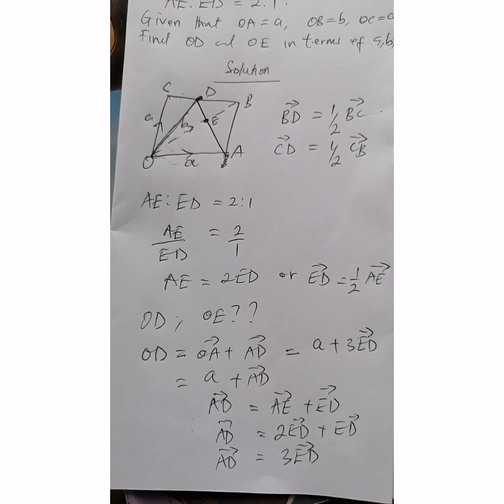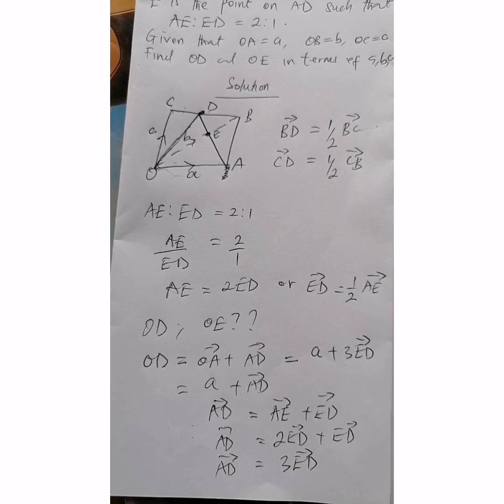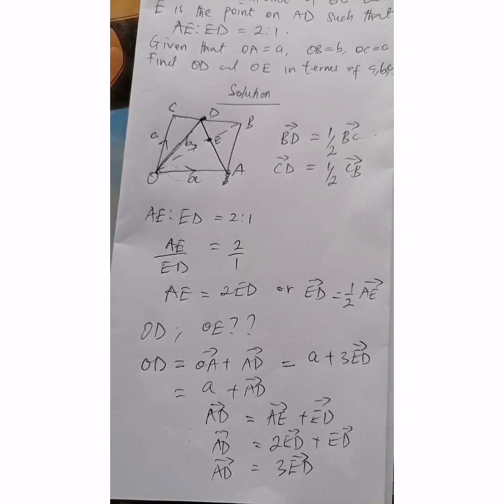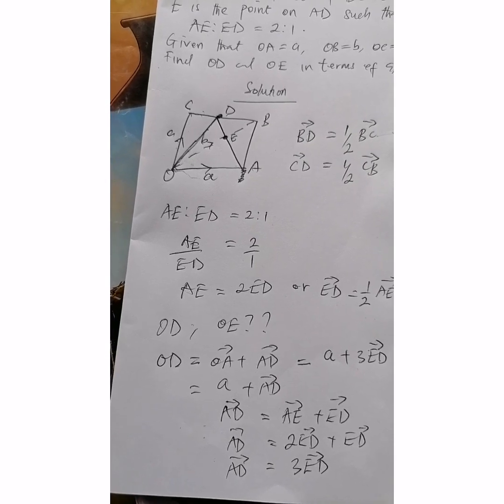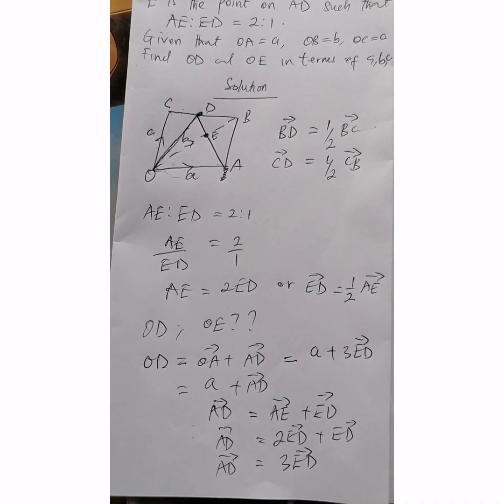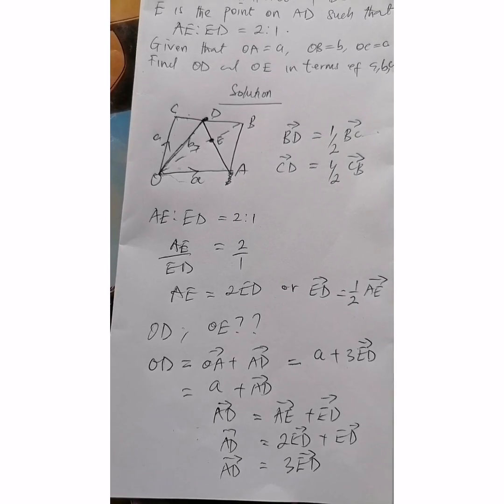Now ED here, there's no way you can write ED in terms of A, B, and C. It's going to complicate things. Even if you can, you will circle back. Yeah, it will take some time. So you realize that we are stuck when we use the triangle ODA.